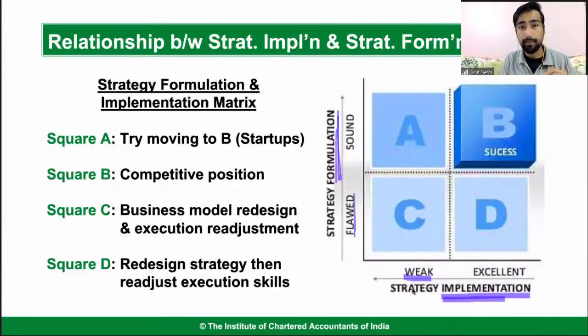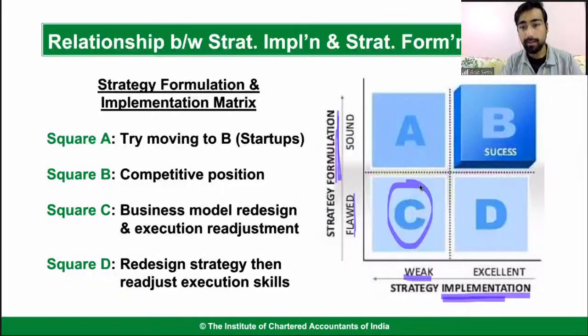So what will happen? Just look, don't look at the PPT on the left hand side. Think from a normal logic perspective. If your planning is incorrect and your implementation is also weak, what will happen to your business? Just apply logic. Your planning is improper, there is no logic, right? C, I know it is going to be C. I understand, everyone, it's going to be C. But what does C mean?